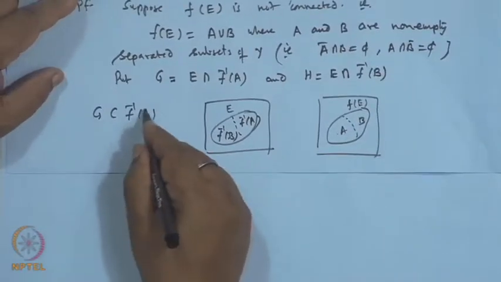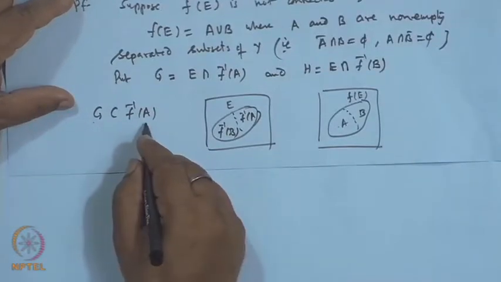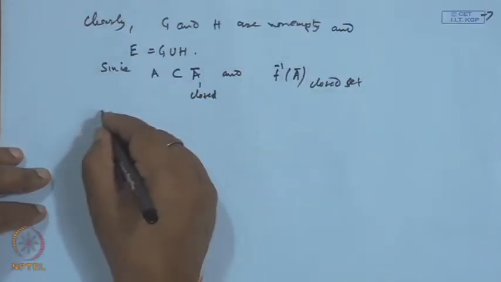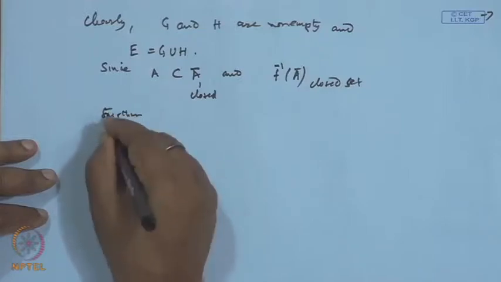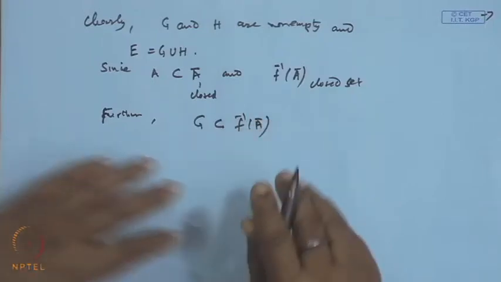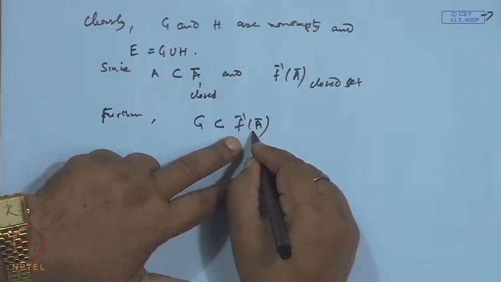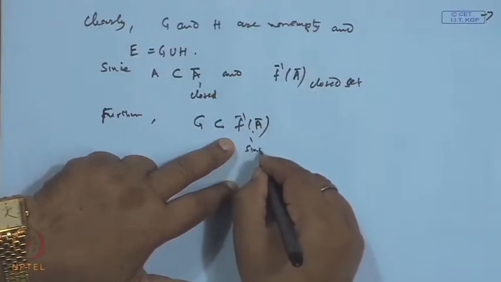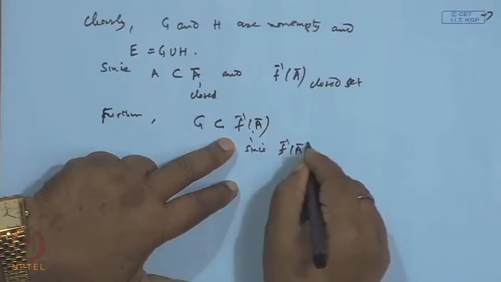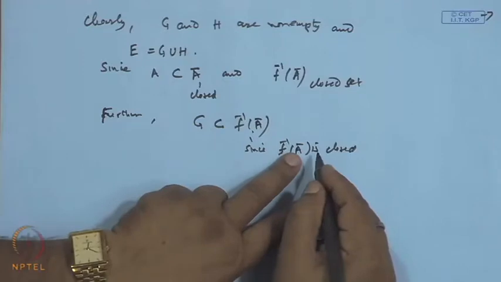If we replace this A by its bigger closure, obviously G will remain a subset of it. So, G is further contained in f inverse A closure. Since this is a closed set, all the limit points of G must be here.